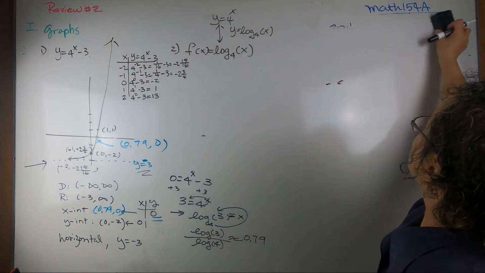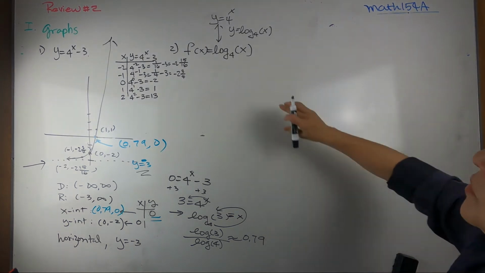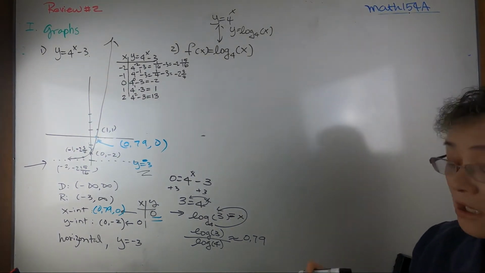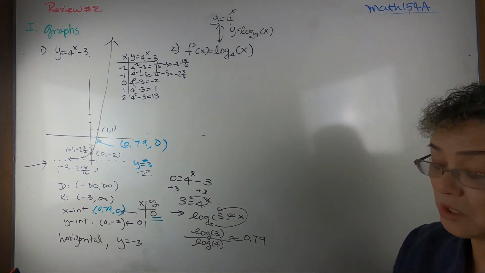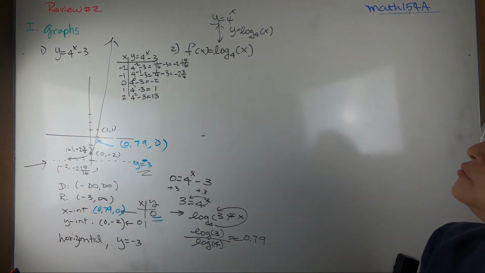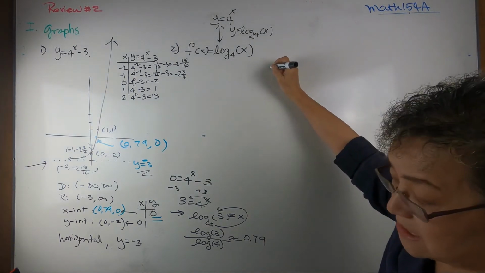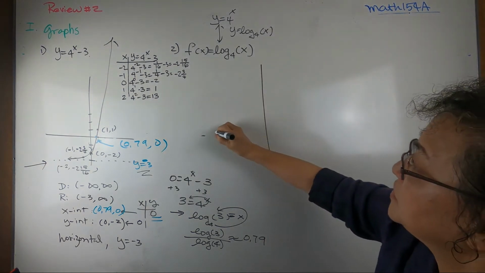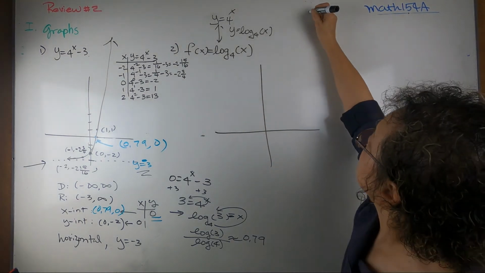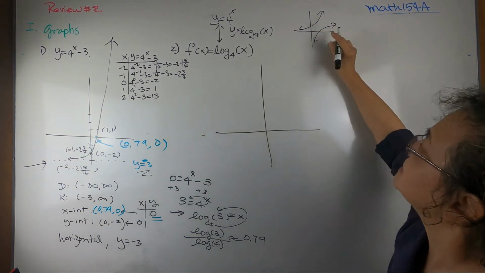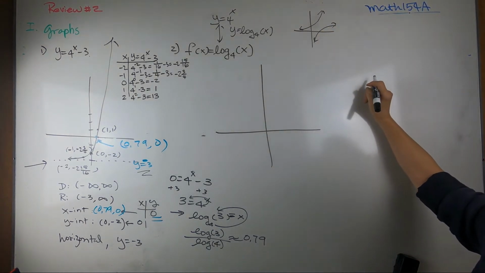Okay? Then definitely we will ask you to graph a log function as well. Then how do we do it? If we use a t-table, you know for a log function, exponential is like this, log function should be something like that, right?